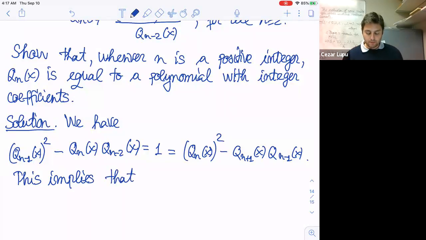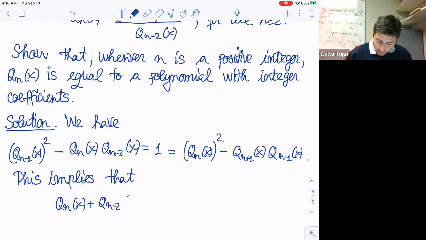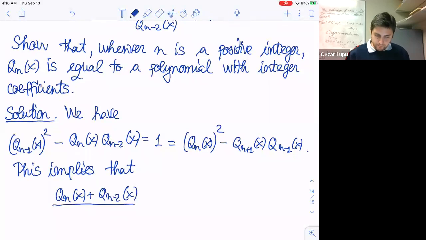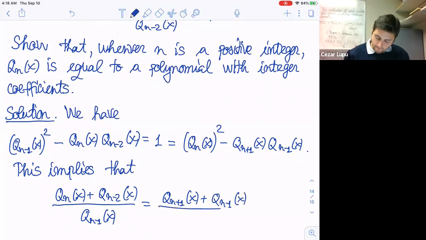That's obvious. But we can also write this as Qn of x plus Q(n minus 2) of x over Q(n minus 1) of x, and this will be equal to Q(n plus 1) of x plus Q(n minus 1) of x over Qn of x, right?